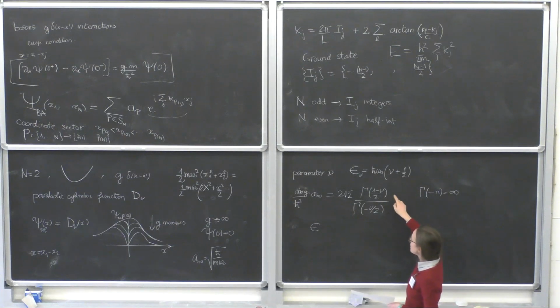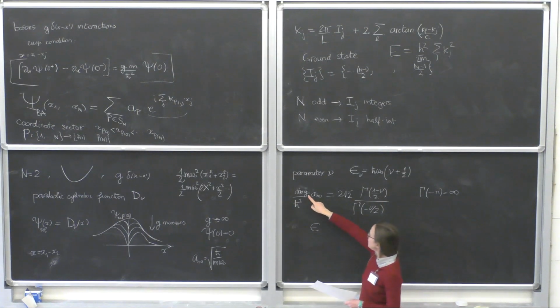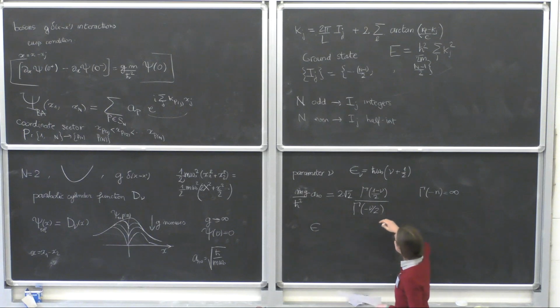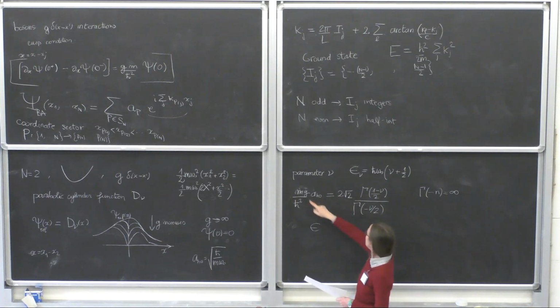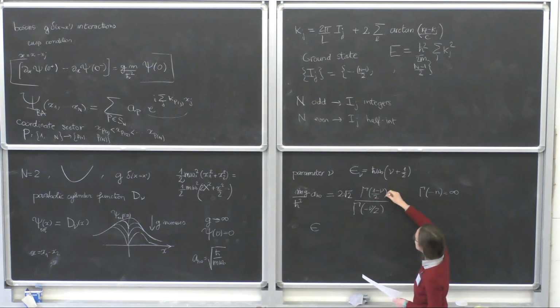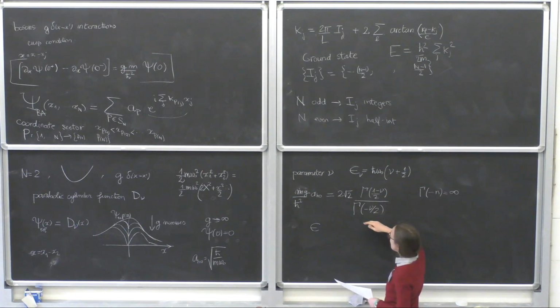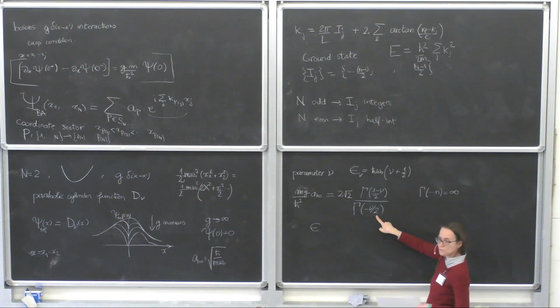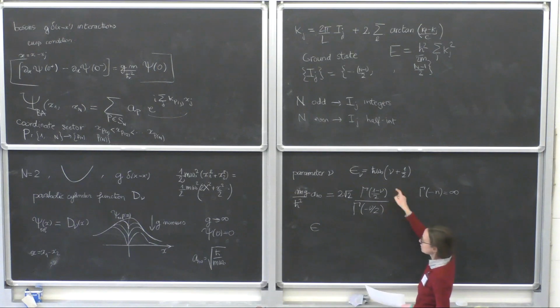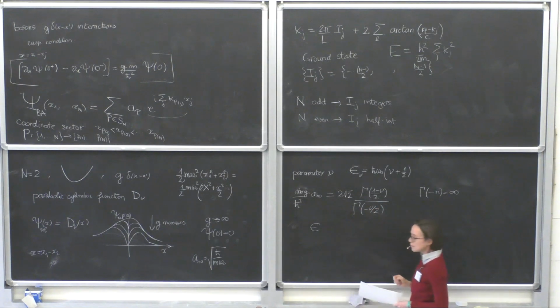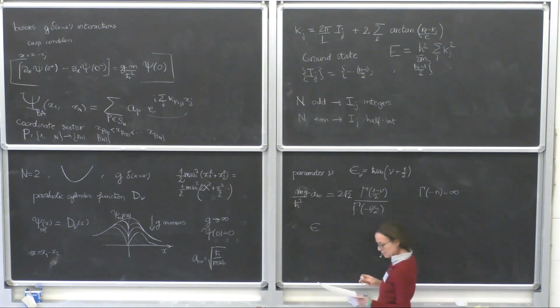So, for example, to find the value of nu at infinite interaction, it is enough to set that (1 minus nu)/2 is a negative integer. And to find the value of the energy level at zero interaction, we have just to set that minus nu/2 is an integer. In this case, the denominator is infinite, and it will give zero on the other side.